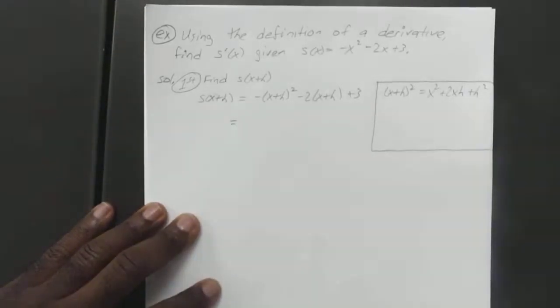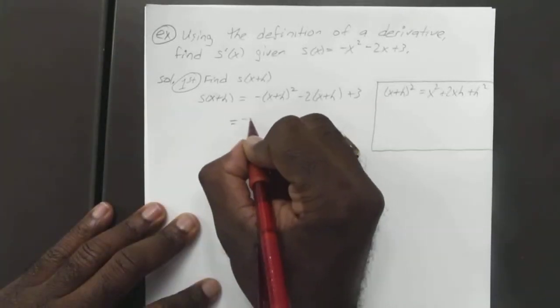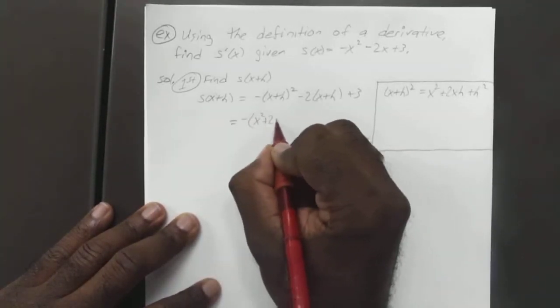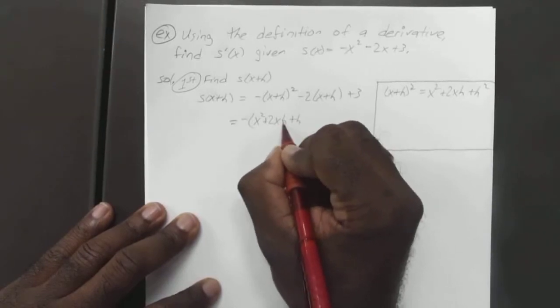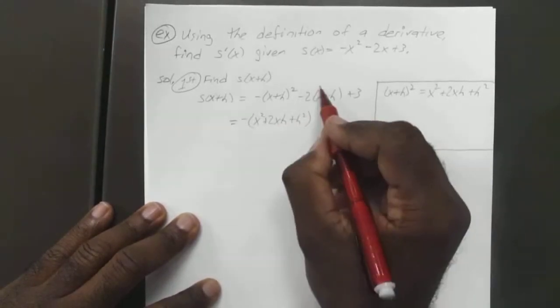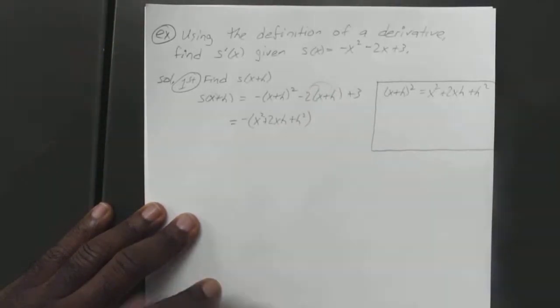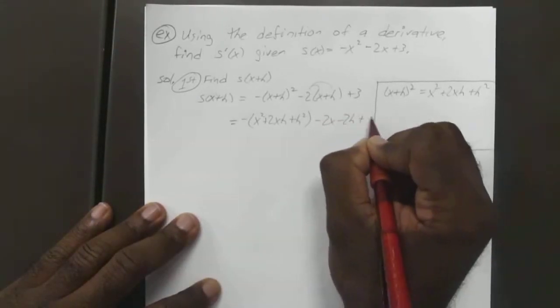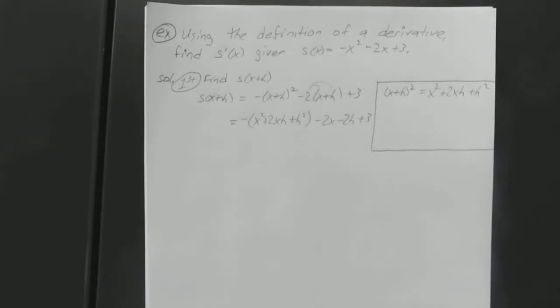So we know that's equal to negative (x squared plus 2xh plus h squared). If we distribute that negative 2, it'll be minus 2x minus 2h plus 3.